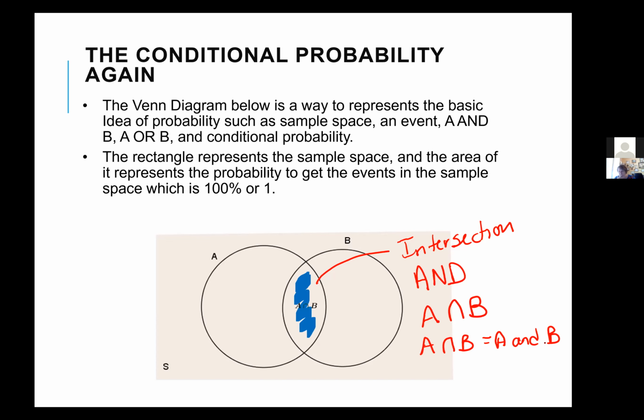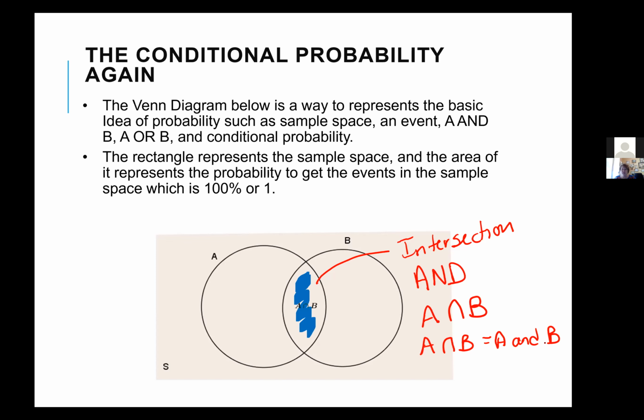For example, if you were drawing a card from a deck, what's the probability of you getting a queen and a heart? That's two events: the event of getting a queen and the event of getting a heart.